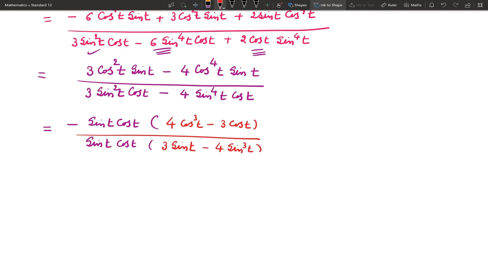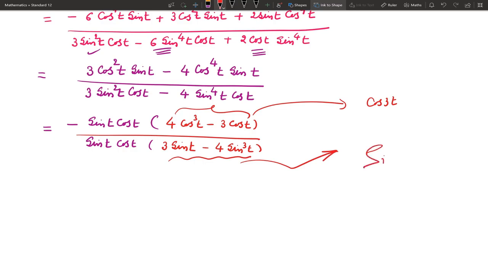You are familiar, this is the formula for cos 3t, 4 cos cube t minus 3 cos t, and this, 3 sin t minus 4 sin cube t, is the formula for sin 3t.